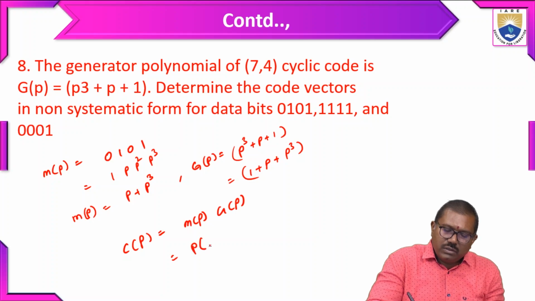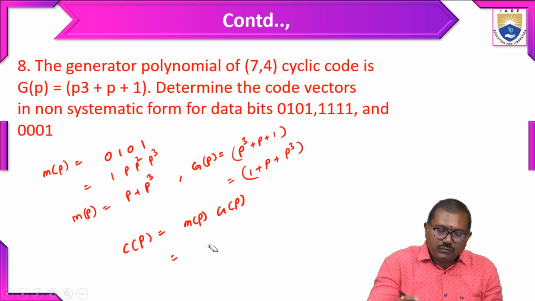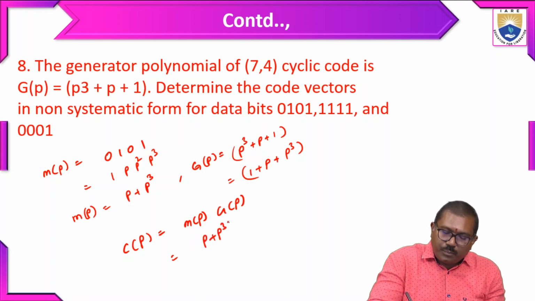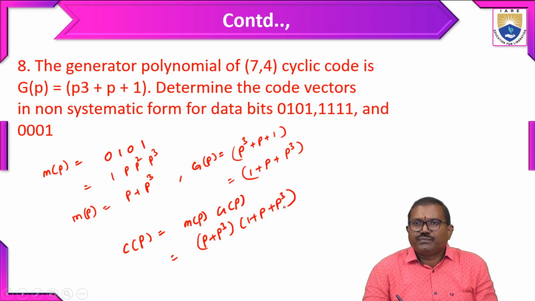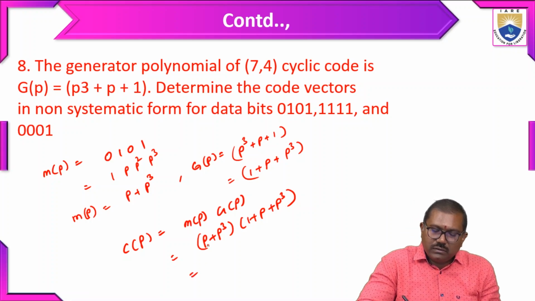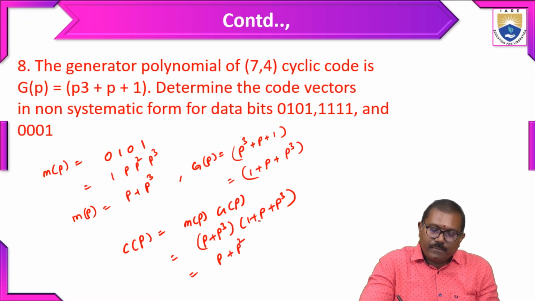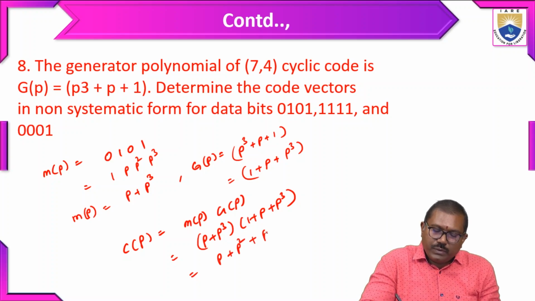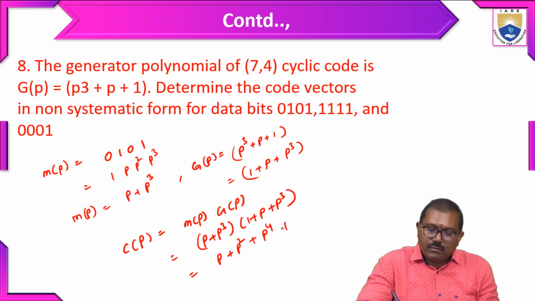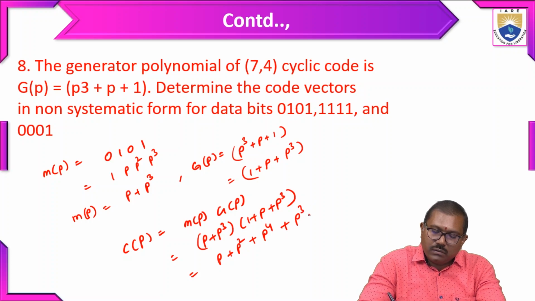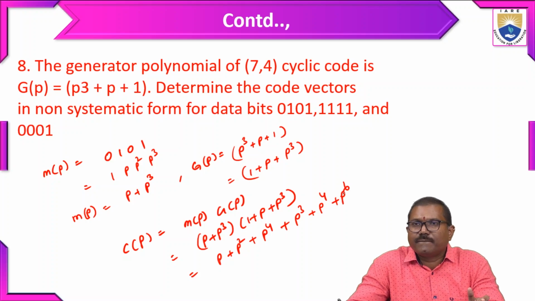So for example, here (P + P^3)(1 + P + P^3). First one is P^2 plus P^4 plus P^3 plus P^4 plus P^6.